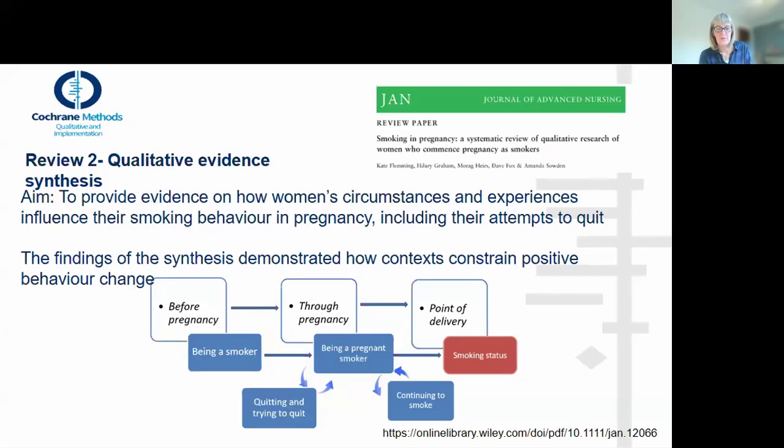But actually what we discovered was that women who were able to give up smoking during pregnancy intended to resume smoking once the baby was born. They gave up for the baby during pregnancy. So it's actually an intended resumption of smoking after they'd given birth, rather than a relapse of behaviour, which gave a really different interpretation of those findings. So it's a real whistle stop through that, and I'll hand you over to Andrew now.